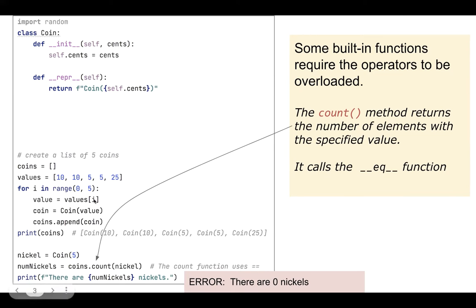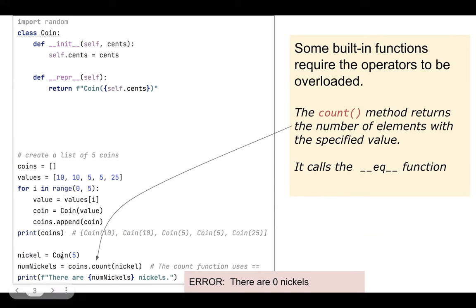I'm getting each value and creating a new coin object, and I'm adding that coin object to my list of coins. Eventually, it's going to print out coins with 10 cents, 10 cents, 5, 5, and 25.